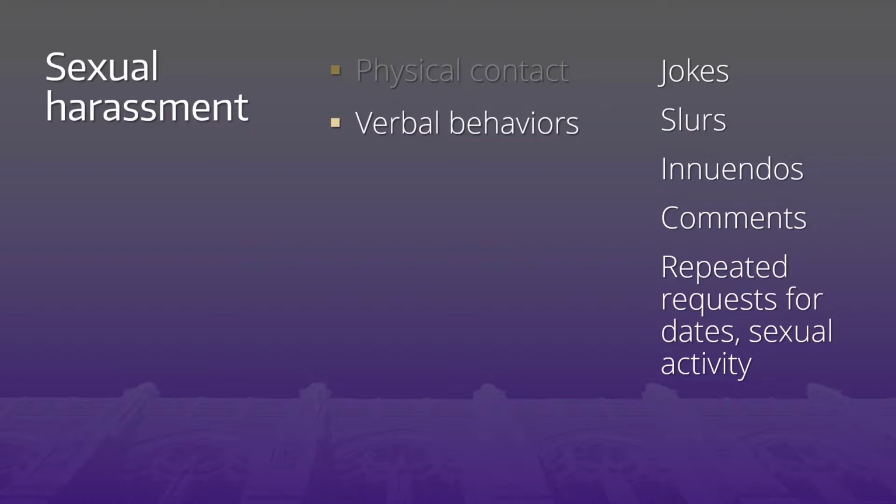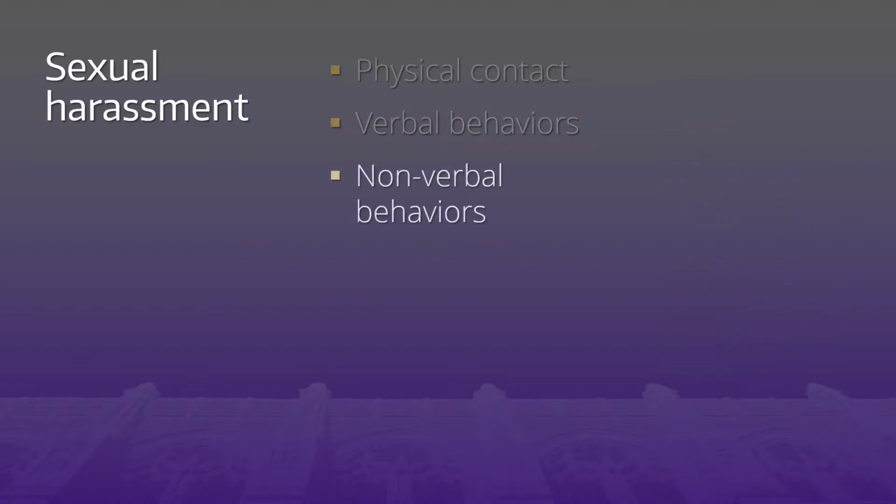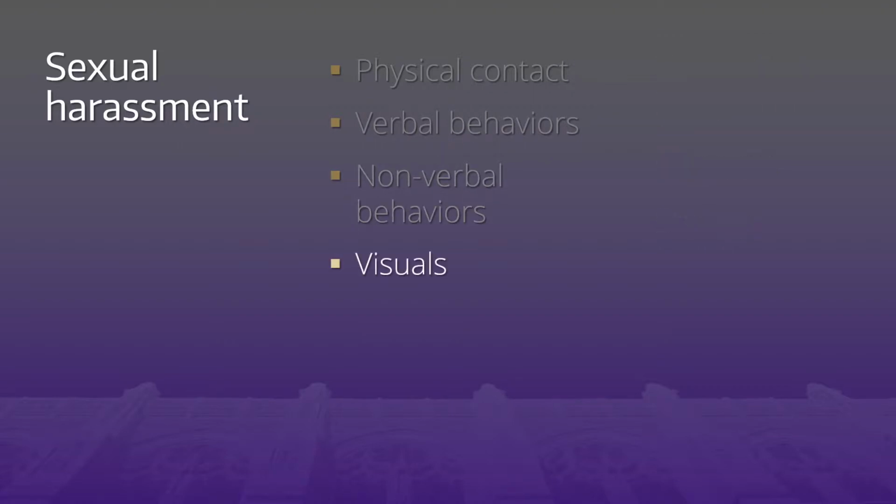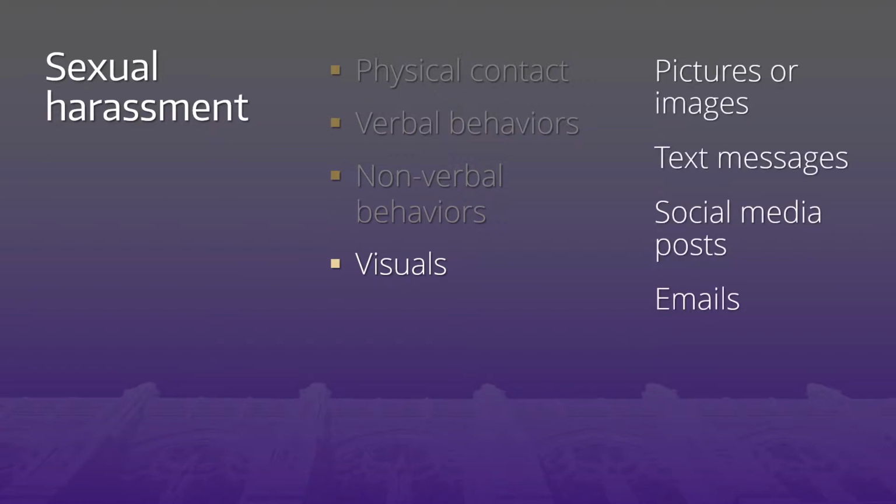This includes repeated requests for dates or requests to engage in sexual activity. Nonverbal behaviors, such as suggestive looks, gestures, or staring. Displaying, showing, or sending suggestive pictures, images, or text. This includes in-person or electronic communication methods, such as text messages, social media posts, or emails.